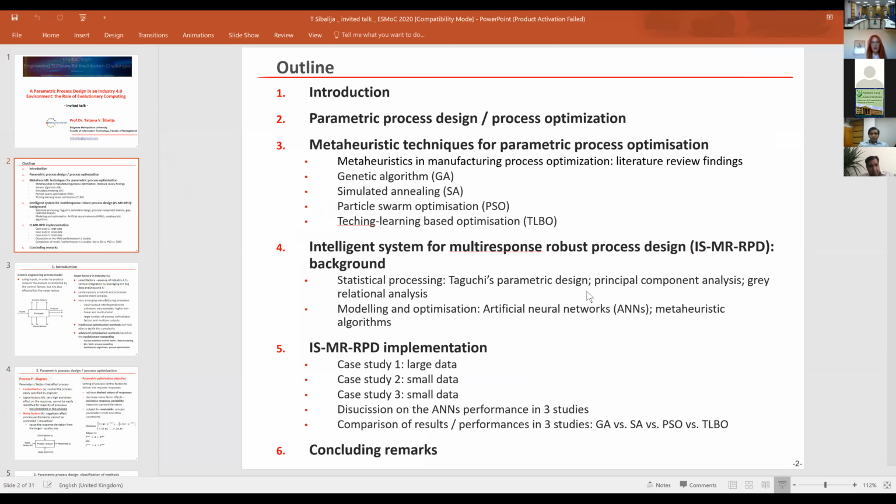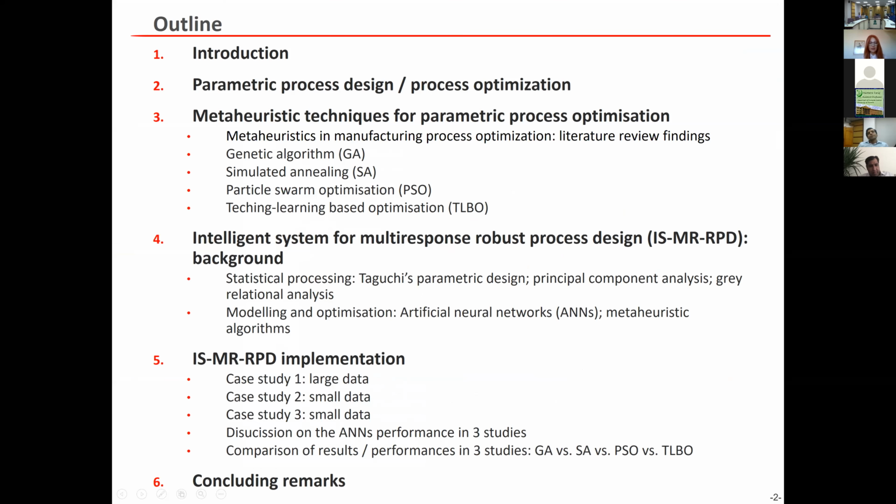this is a brief outline of my presentation. Actually, I'll be mainly talking about the application of soft computing or evolutionary computing in particular in optimizing industrial or manufacturing processes. We call that parametric process design.